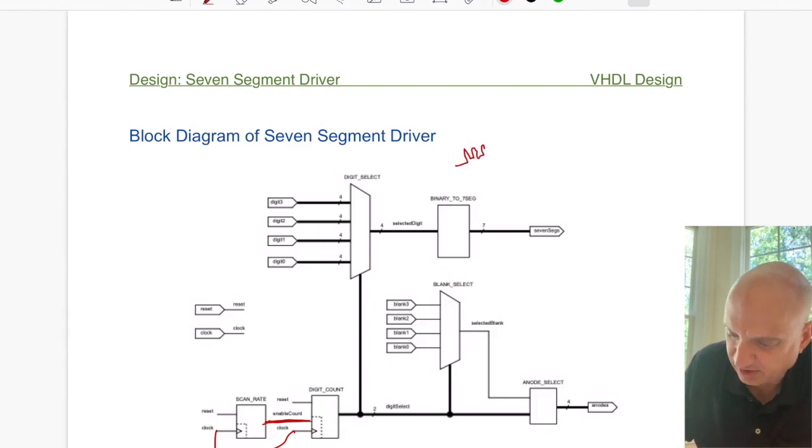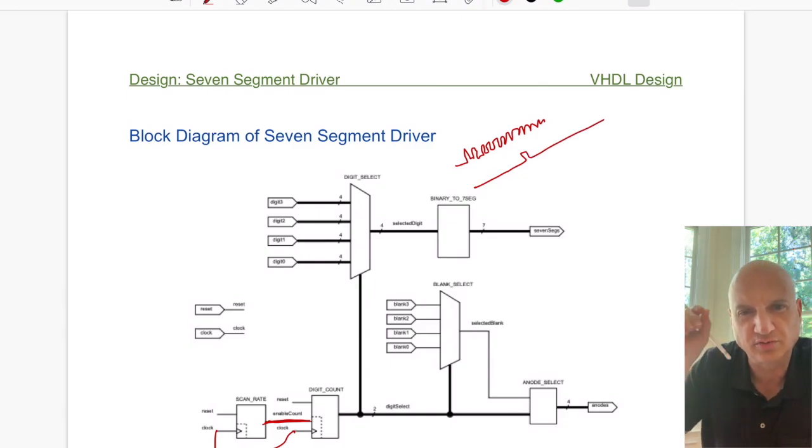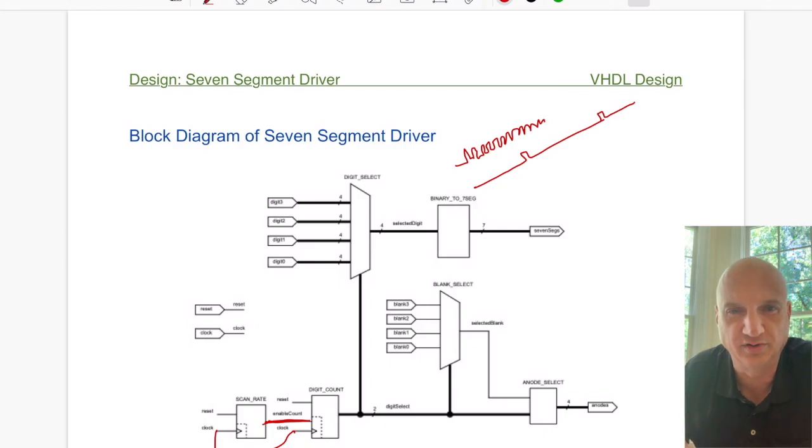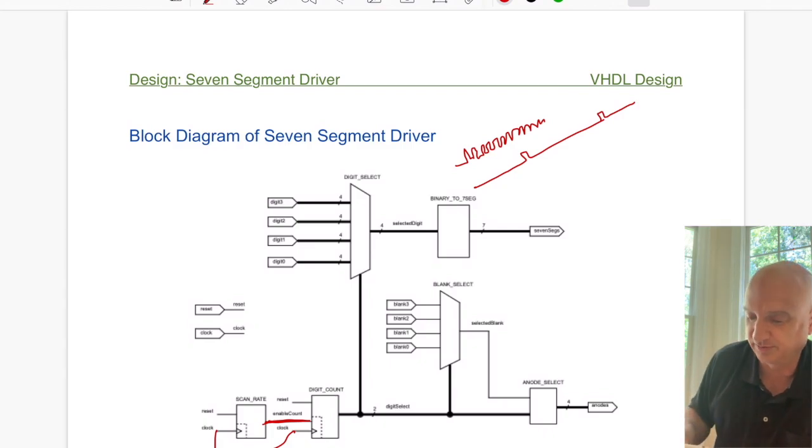So if we have our clock coming in like this, our enable pulse is going to look like this. Okay, so it's just going to be a short pulse but that's going to occur at a rate similar to every 1 kilohertz. Okay, so this represents a period of 1 kilohertz for a 1 kilohertz cycle.